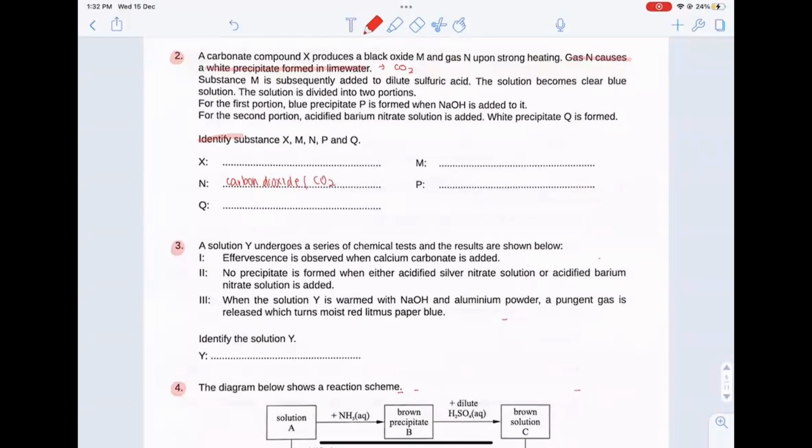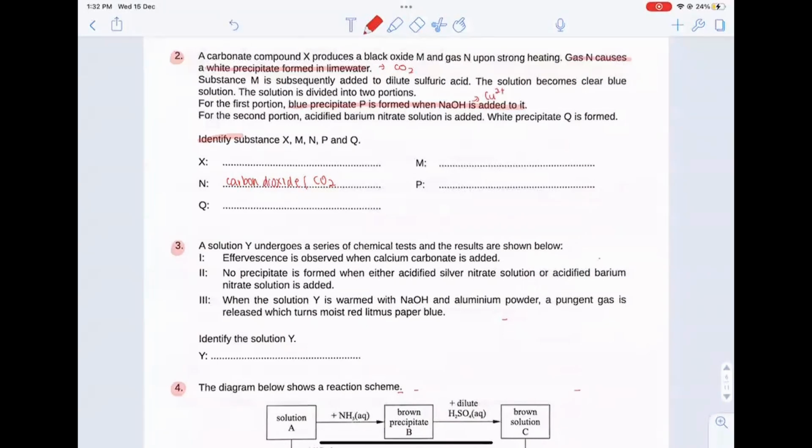And then next, substance M is subsequently added to dilute sulfuric acid. So the solution becomes a clear blue solution and is divided into two portions. For the first portion, blue precipitate P is formed when NaOH is added to it. So this sentence also tells us that we have Cu2+ present.